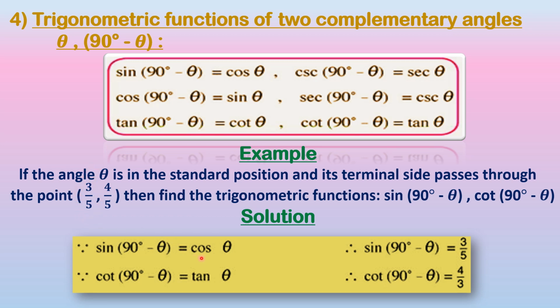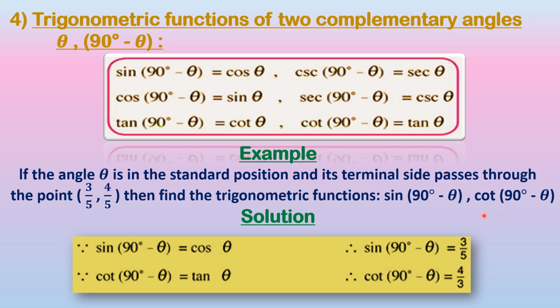So cosine is 3 over 5. Therefore, sine 90 minus theta equals 3 over 5, which is the x of the ordered pair.